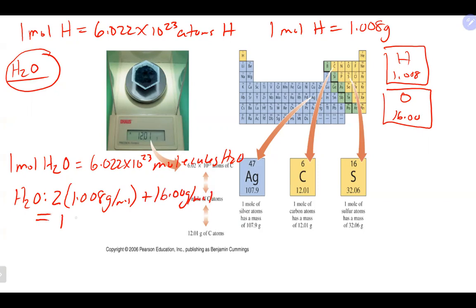Adding that together gets you 18.02 grams per mole, which would be the molar mass of water. We again could use that as a conversion factor with the 18.02 grams on top and the 1 mole on the bottom, or flip it around where the 1 mole is on top and the 18.02 grams is on the bottom. So 1 mole of water would equal 18.02 grams.